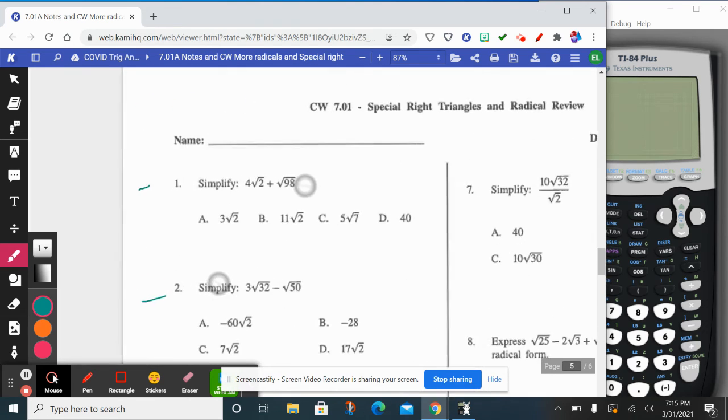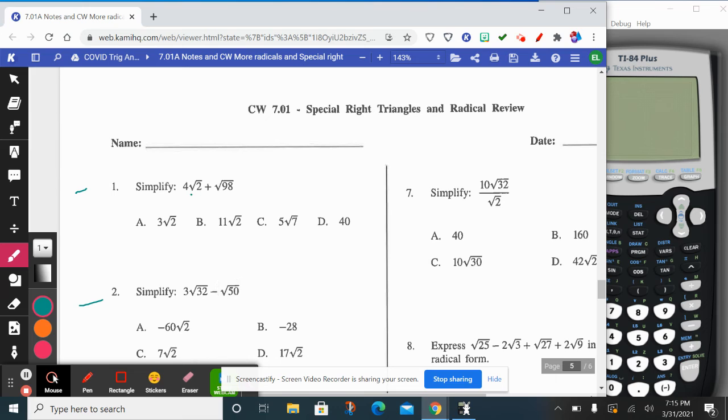So looking at exercise 1, simplify these radicals. Remember, when you're adding and subtracting, you need like radicals. So a little hint here would be to reduce the square root of 8 and 98 first. 49 goes in 2 times.